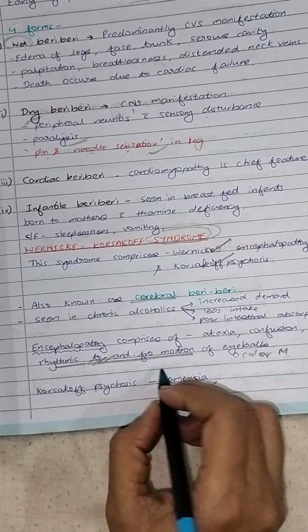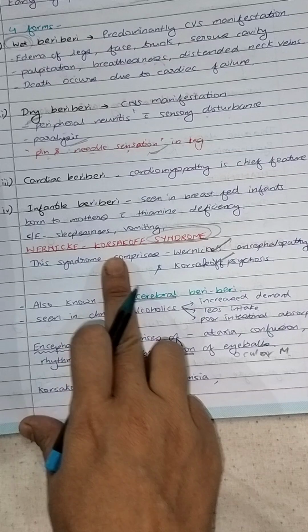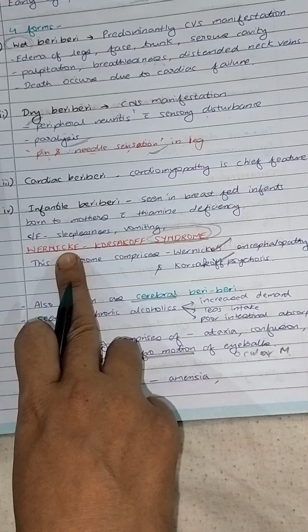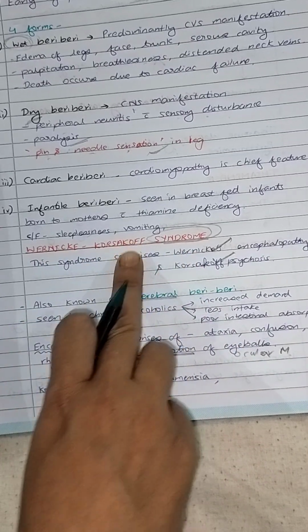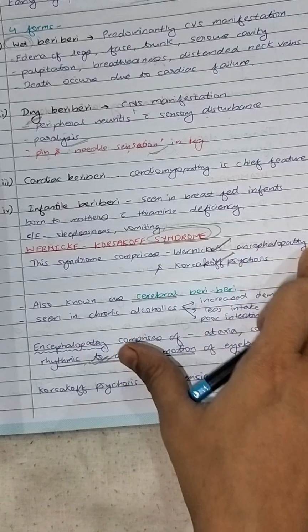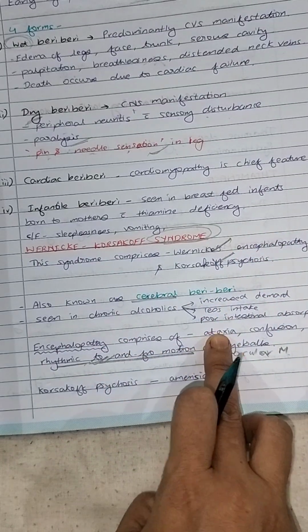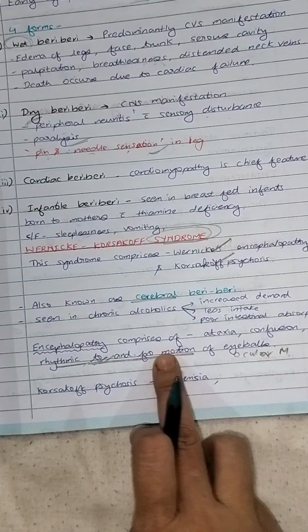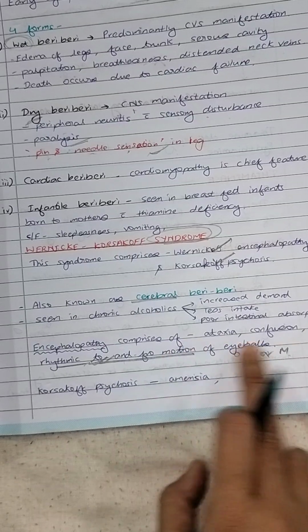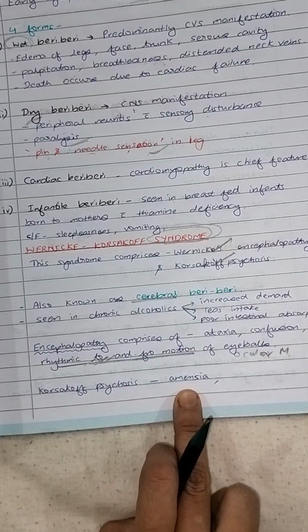So Wernicke-Korsakoff syndrome consists of Wernicke's encephalopathy, with ataxia, confusion, and ocular muscle involvement, and Korsakoff psychosis, in which there will be amnesia.